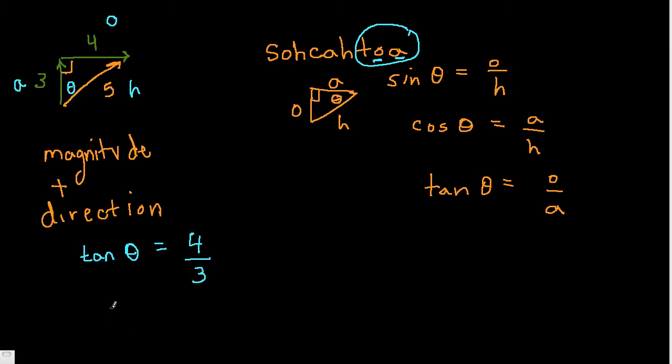So I know the tangent of the angle, so I need to work backwards, take the inverse tangent of that. Inverse tangent of 4/3 equals. So I'm going to need to pull in my calculator. I want the inverse tan of 4/3.